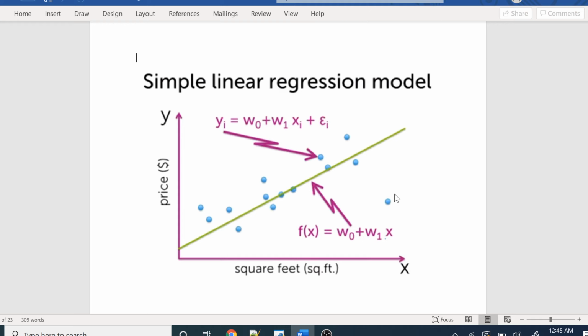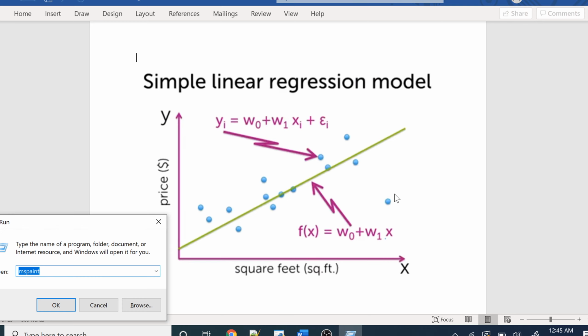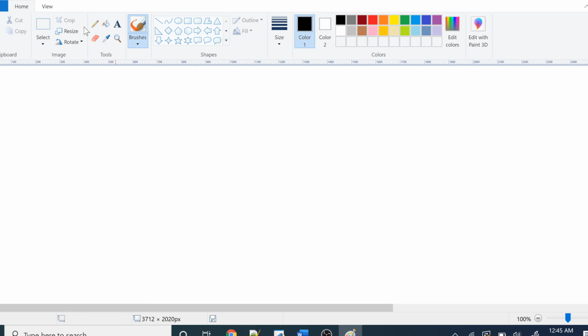Now let's take some historical data. As we discussed, we definitely need some historical data to start with building any algorithm. So let's assume we have some historical data in this case.